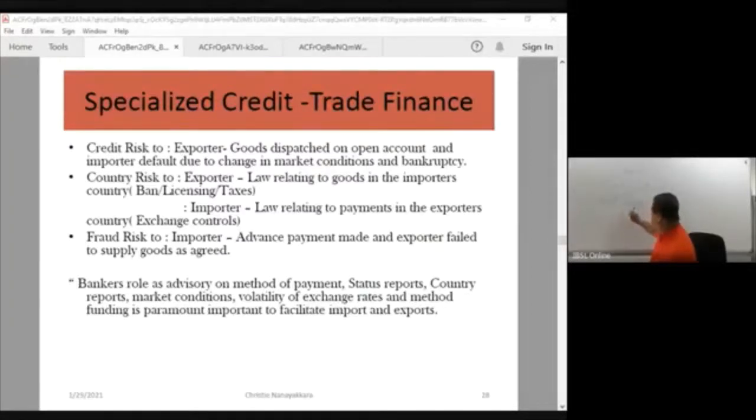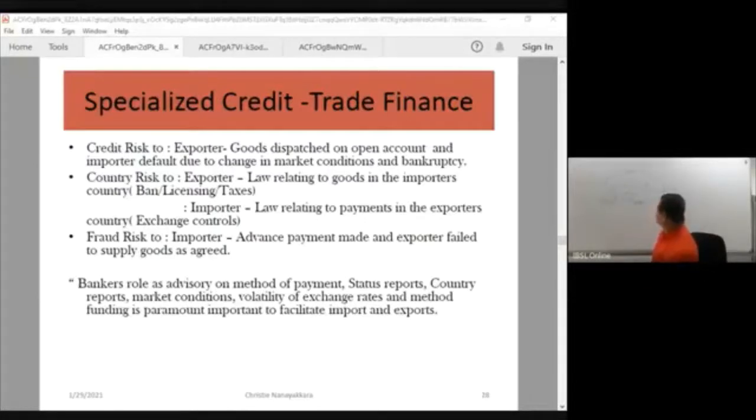That duration is called usance, and what we get is the acceptance of documents from the customer, and we release the documents to him so that he could collect the goods. That is one way of doing trade finance, or you could say foreign trade.